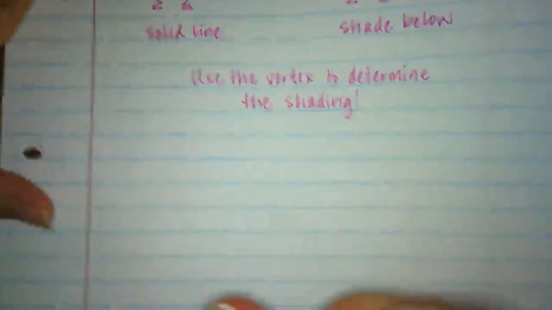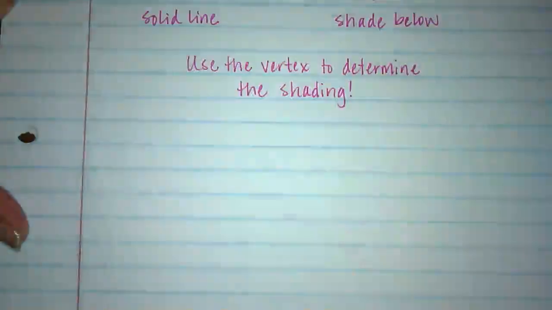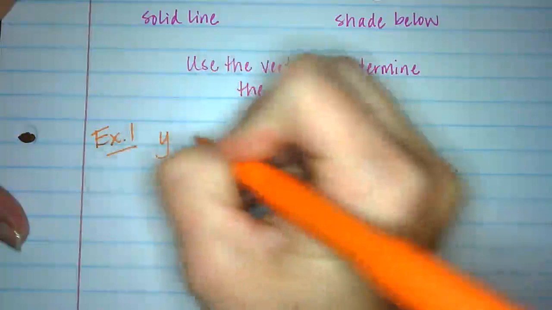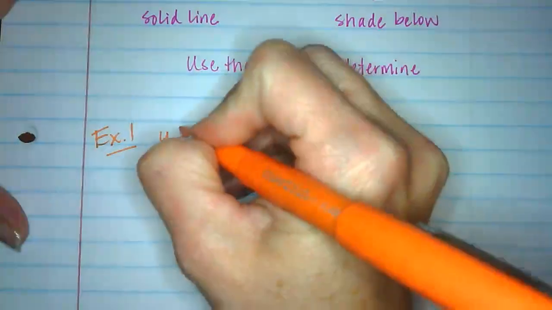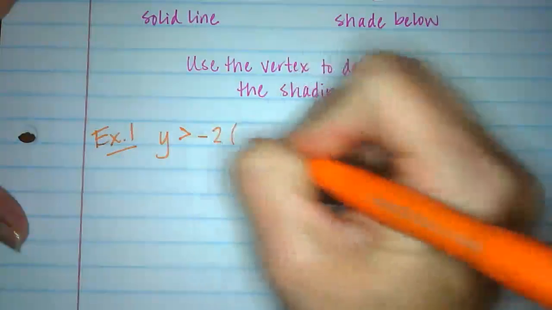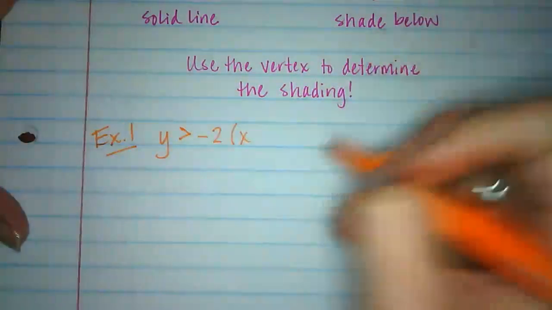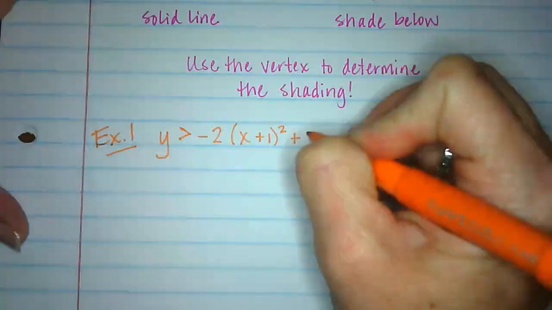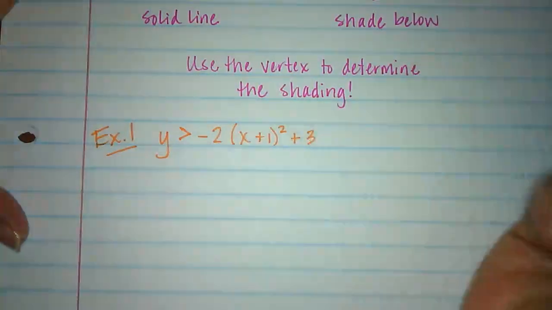Example 1: y is greater than -2(x + 1)^2 + 3.